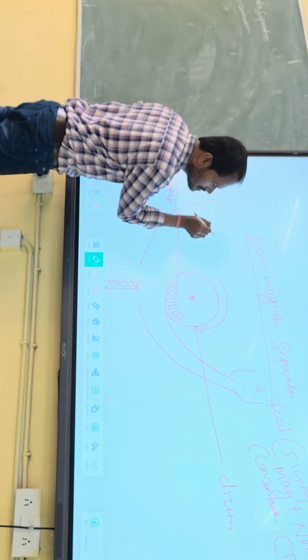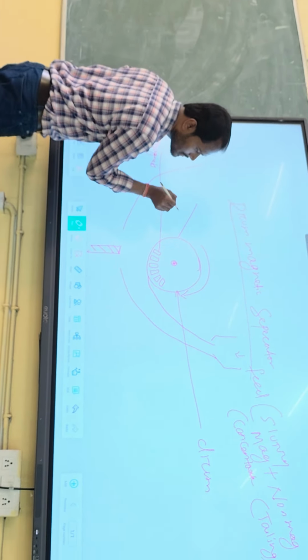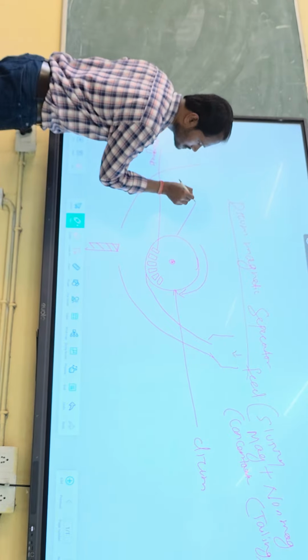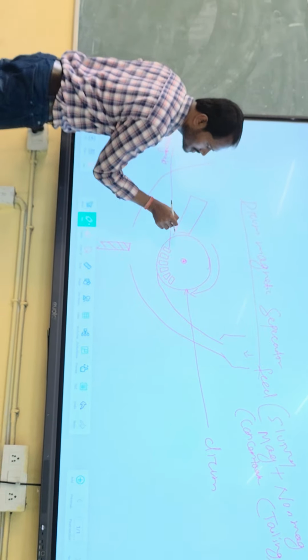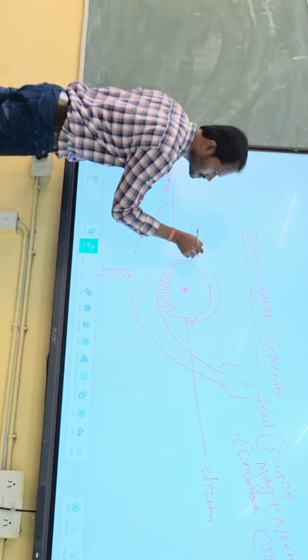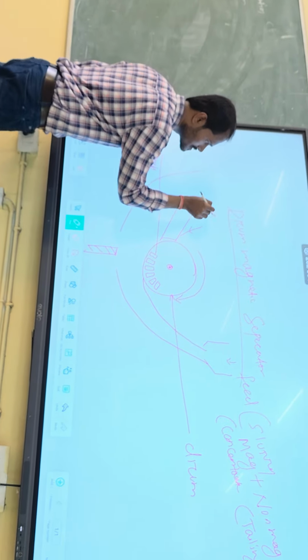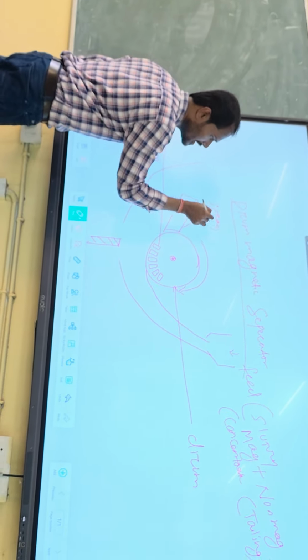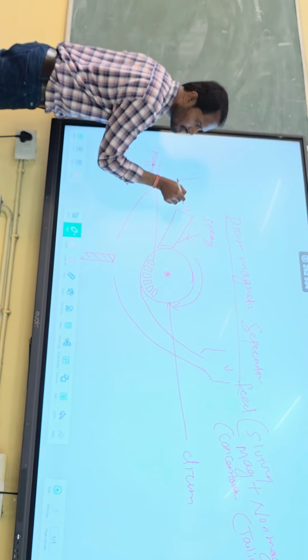There is a sprayer, and here it is, for example, a scraper.